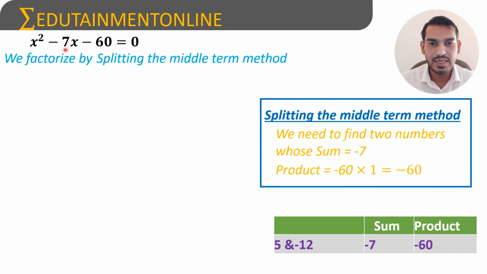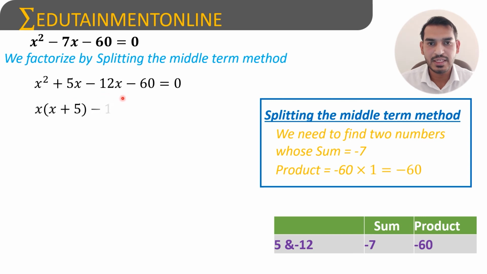Now the middle term minus 7x will be split as plus 5x minus 12x. So x square plus 5x minus 12x minus 60 equals 0. In the first two terms we can take x common, so x into (x plus 5), and in the last two terms we can take minus 12 common, so minus 12 into (x plus 5), equals 0.